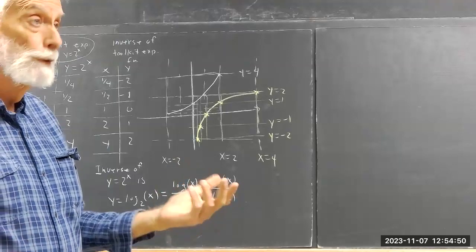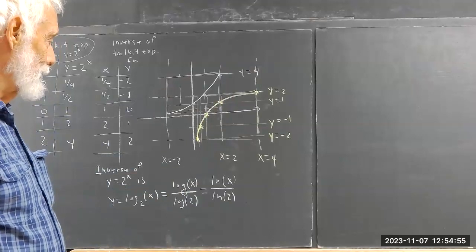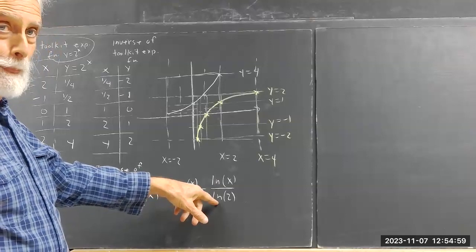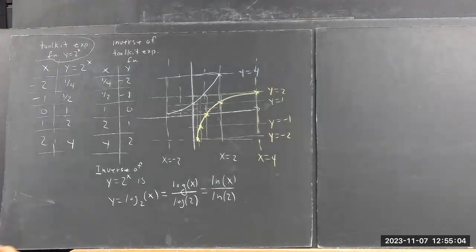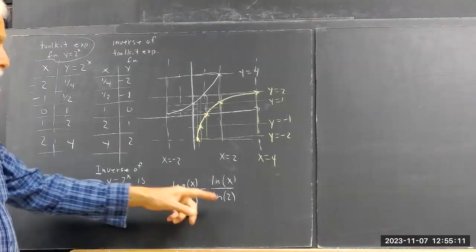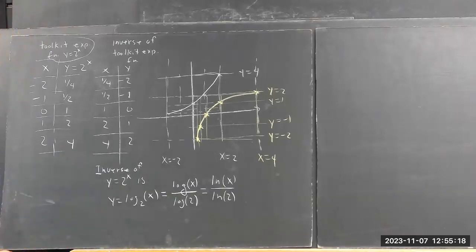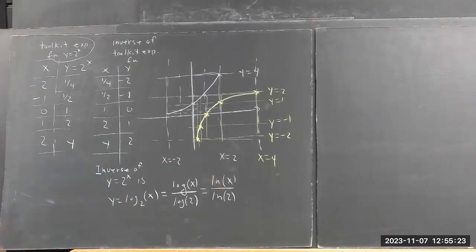You could graph either of those and then draw a graph that's a little closer to 3 to the x, and you would get the function that this is the inverse of. Okay, well, you don't need to know that. I'm just telling you that we'll be able to make sense of these. But first, we're going to do log base 2. And then the open math will give you a little bit more.